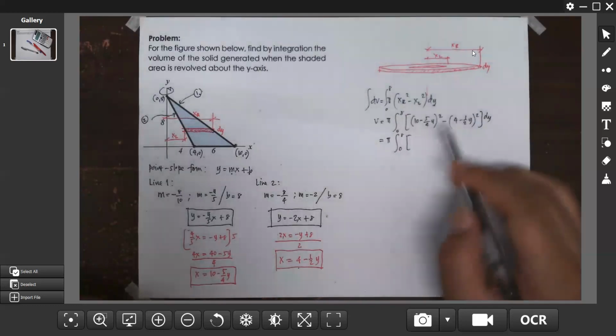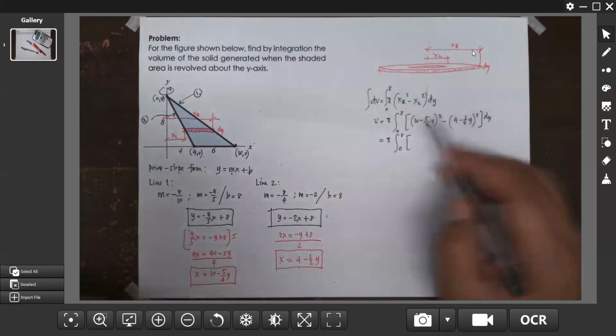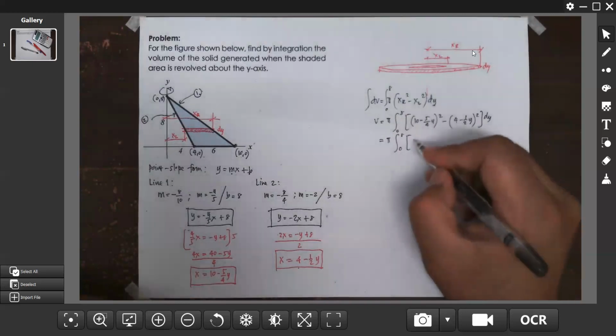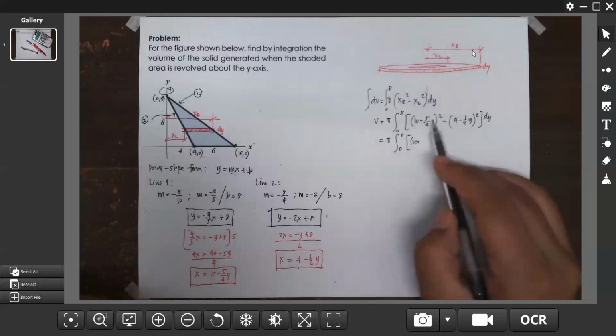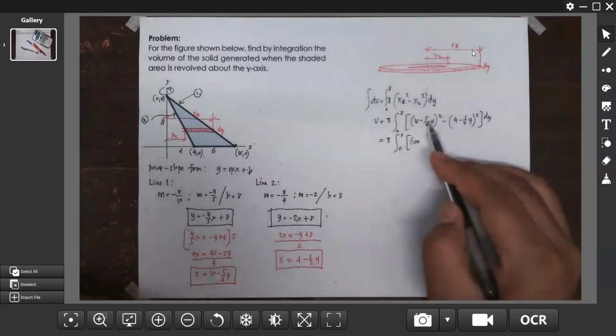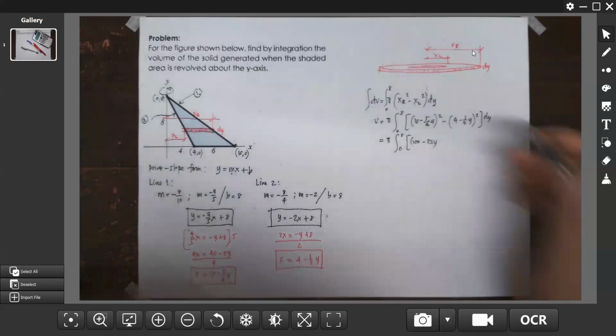So you have pi. Let's expand. The expansion of a perfect square is: square the first term, 10 squared is 100. The second term is 2 times the product: 10 times 5 over 4 is 25 over 2, times 2, you have negative 25y.